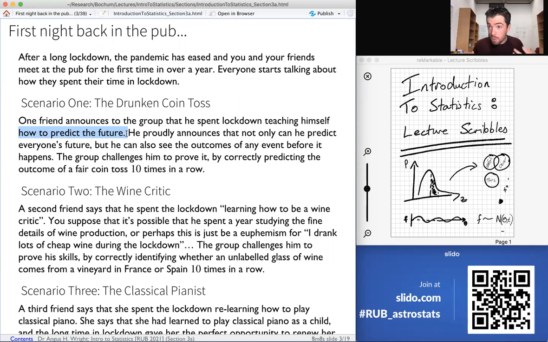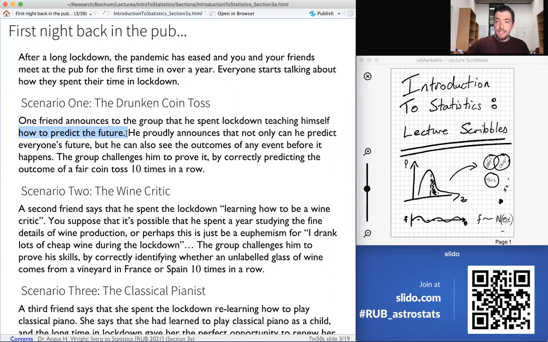Now, obviously, this is quite a bold claim. And the group says to him, well, you're going to have to prove this, right? You're going to have to prove yourself. The way in which we want you to prove yourself is by correctly guessing the outcome of a fair coin toss 10 times in a row.